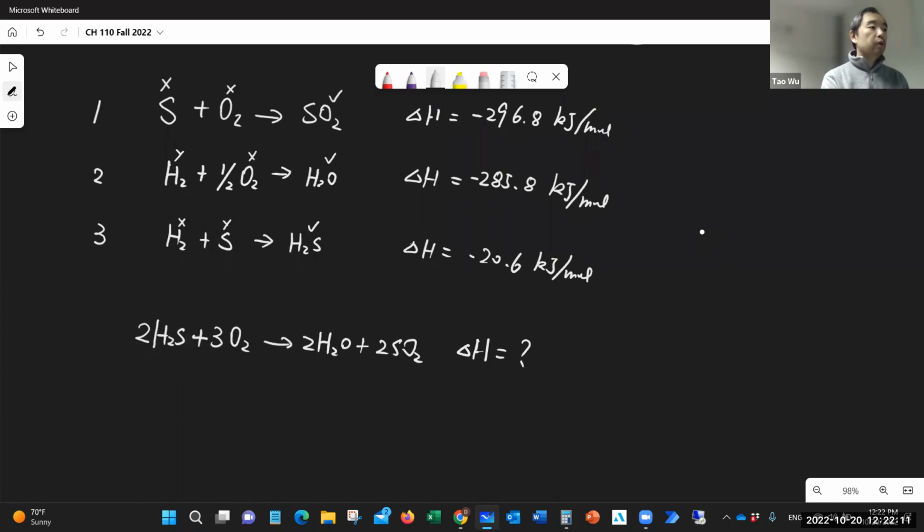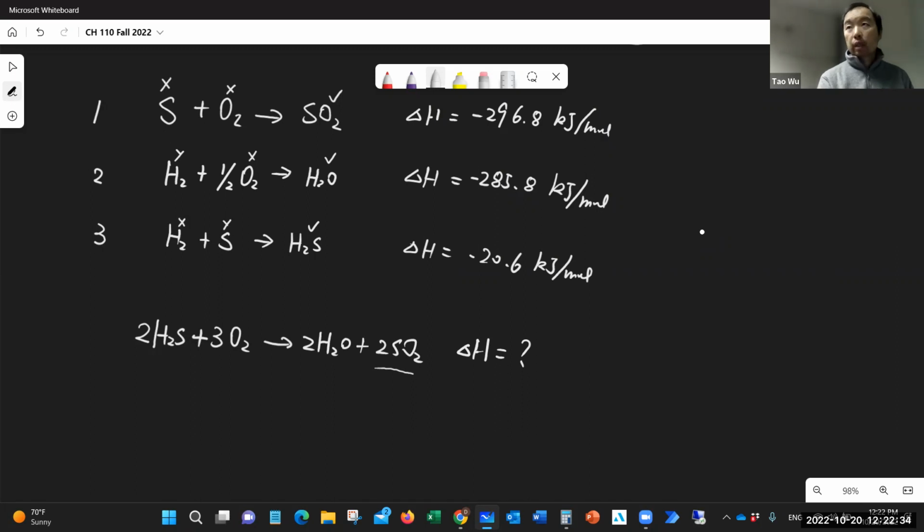For example, in the final equation, we need 2 SO2 on the right side. But we only have 1 SO2 on the right side. If we don't do anything and just add up the equations, we should only have 1 SO2 on the right side. That makes sense, right?